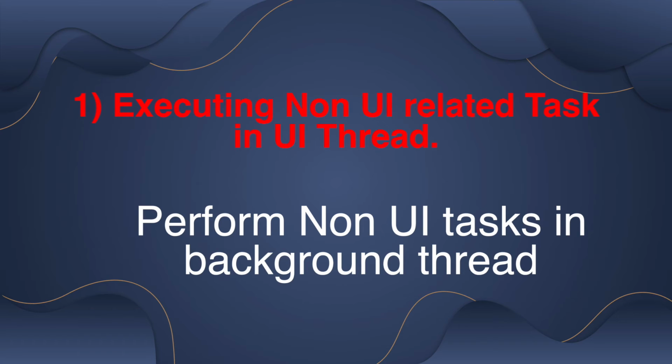So what is the solution? The solution is to perform the non-UI tasks in a background thread. Here I have written the problem areas in red color and the solutions in white color. So perform the non-UI related task in a background thread and then update the UI in the main thread.